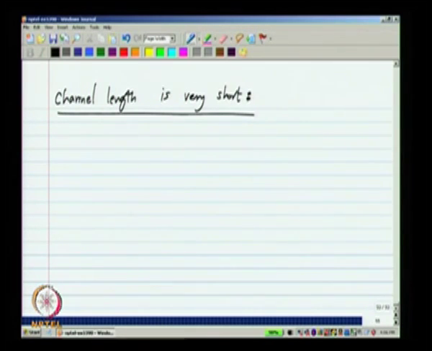Now, again we have not discussed the device physics, but the square law comes from two different dependencies on Vgs minus Vt. First of all, the amount of charge depends on Vgs minus Vt, and the electric field inside the device depends on Vgs minus Vt, and in a certain region the velocity of the carriers is directly proportional to the electric field. So, the total current is related to the number of carriers, which is related to the total amount of charge, times the velocity of the charges. Since each of these is dependent on Vgs minus Vt, we get Vgs minus Vt squared.